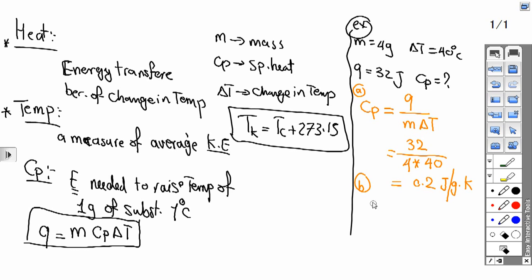So Q equals mass 4 gram, because it is the same sample, times 0.2, because Cp doesn't change for glass, times the new change in temperature, which is 30, equals 24. What is the unit of Q? If we use Cp in unit joule per gram Kelvin, the unit of Q will be joule.